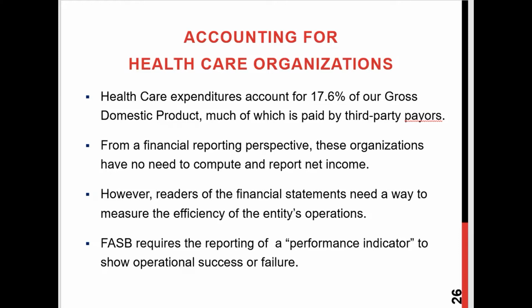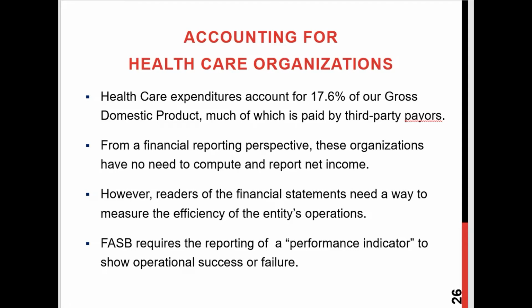So from a financial perspective, a private not-for-profit healthcare entity does not need to compute a net income figure, but since a huge amount of money is involved, they need to produce fair financial statements, and the readers really need to get some idea to measure the efficiency of their current operation. Although their goal is not to make a profit, that doesn't mean that loss should be ignored.